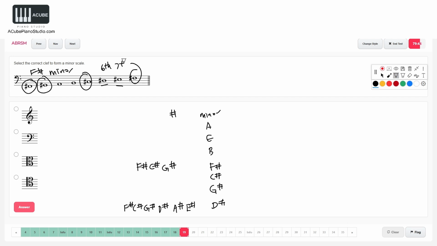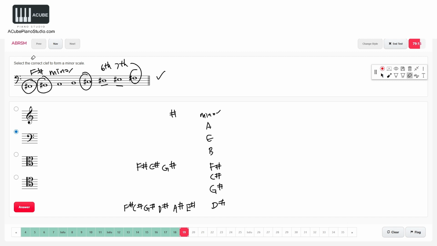Yes, because these are the 6th and the 7th notes of the scale, and it is ascending. So for the 6th and the 7th notes, I can sharpen them. D and E in F sharp minor have no sharp, but if I sharpen them, they will become D sharp and E sharp. So yes, this is correct. This could be the scale of F sharp melodic minor, ascending. So bass clef is correct.